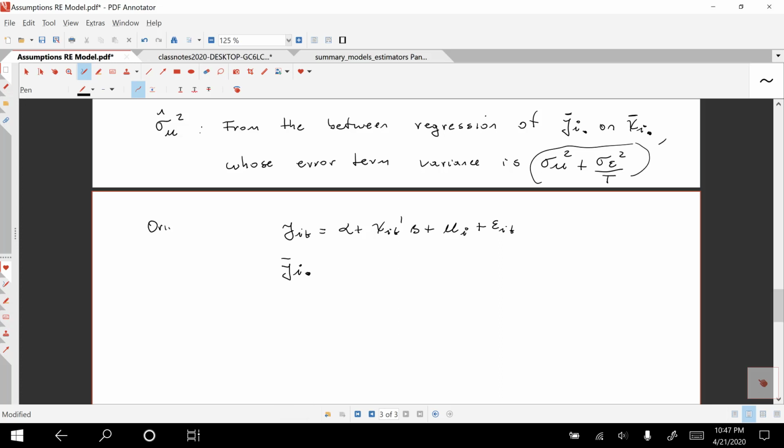So that's the original random effects model, and this is the between transformation: alpha plus x_i dot beta plus mu_i plus e_i dot.